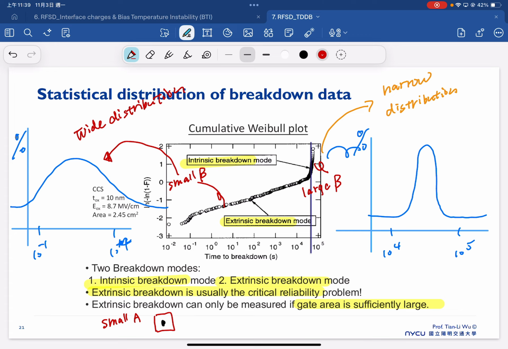But if you want to see this extrinsic reliability, it's better to test in a large area, because with a large area you start to have lots of defects, and once the defect number increases, then you will more easily see the extrinsic breakdown.